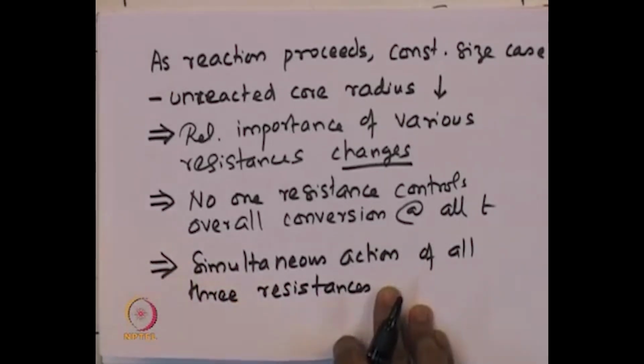So, if you want to incorporate all three resistances, then the model for the radius of the unreacted core as a function of time, the differential equation which relates the rate of change of the radius of the unreacted core with respect to time to all the other properties and concentrations of the system, can be rewritten using a combination of all the resistances.